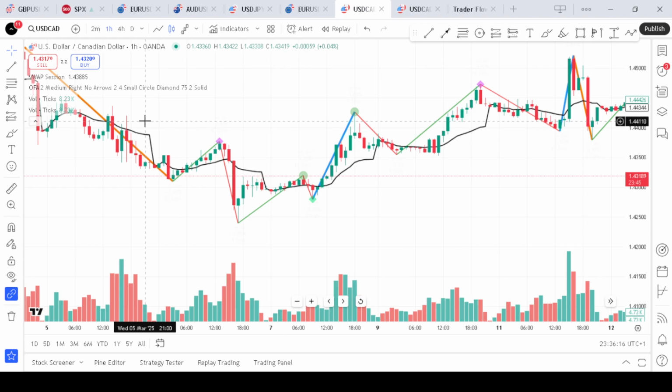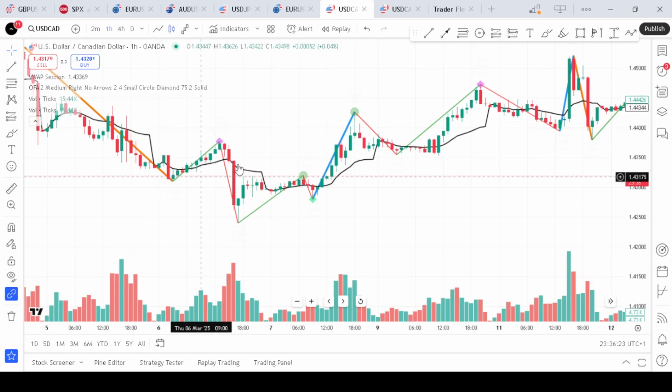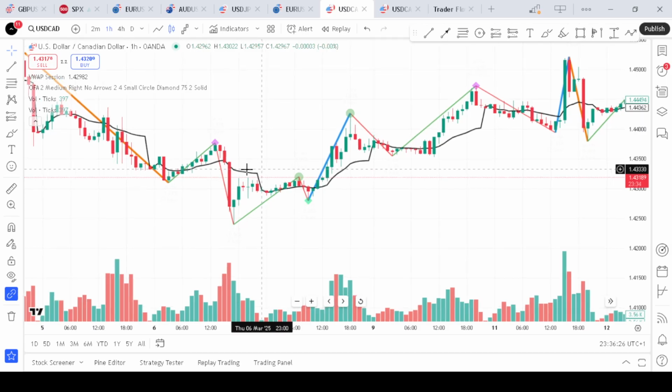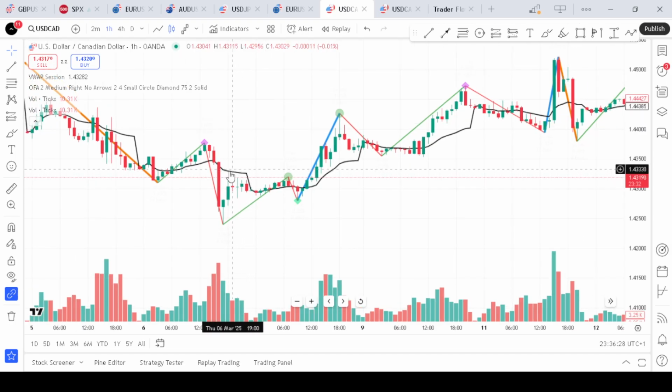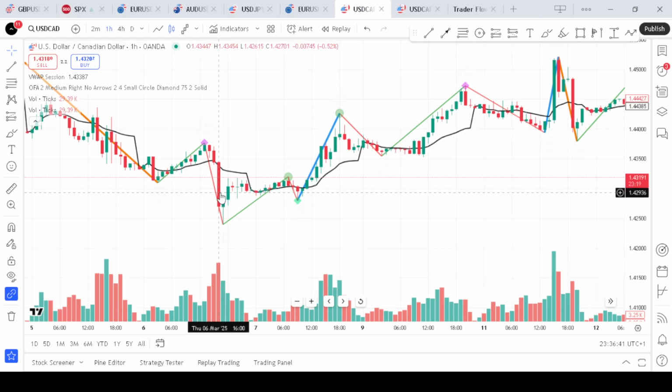The VWAP, or the volume weighted average price, is a technical indicator that calculates the average price of an asset throughout the trading day, weighted by the volume. It is computed by multiplying price by volume for each trade, summing these values and dividing them by the total volume.